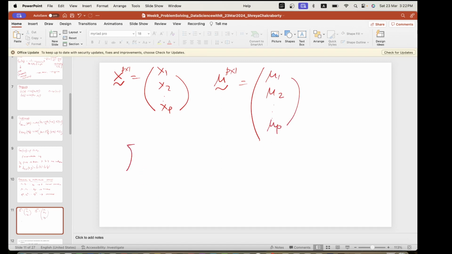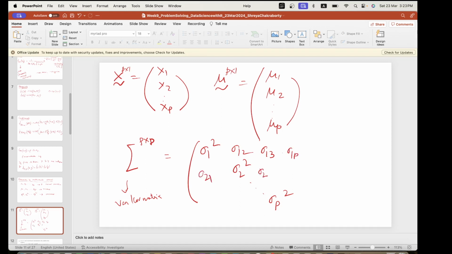And sigma is a p cross p matrix, which is called the variance covariance matrix. On the diagonals we will have the p variances, and on the off diagonals we are going to have the covariances: sigma 1 2, sigma 1 3, sigma 1 p, sigma 2 1, sigma 2 3, sigma 2 p, and then here again sigma p1, sigma p2, and then sigma p square.